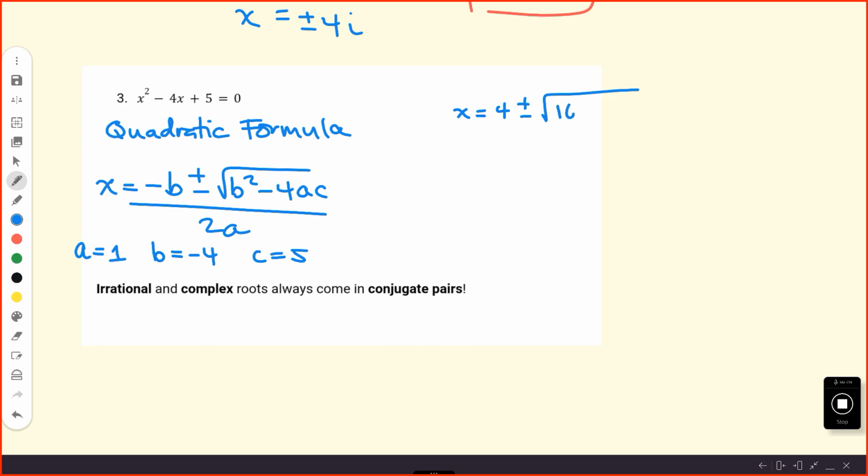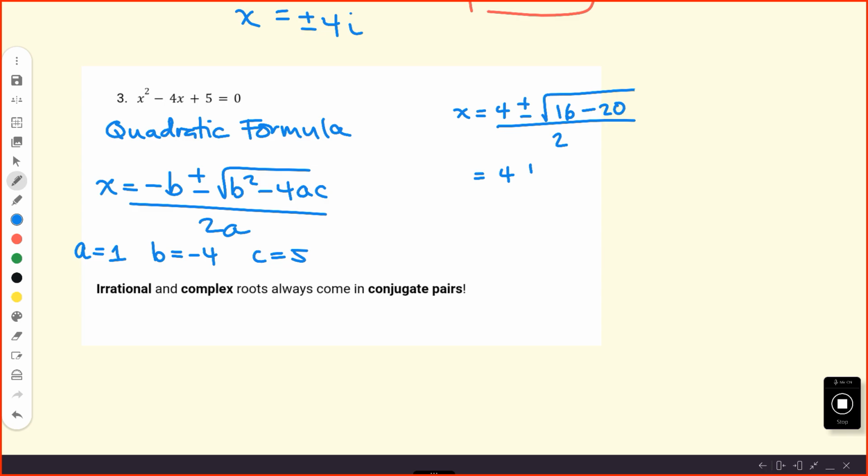That's b squared, so 16, minus 4 times a, which is 1, times c, which is 5. So minus 20. And then all over 2 times 1, which is just 2. And we just have to simplify this further.